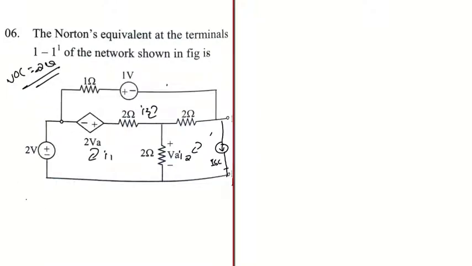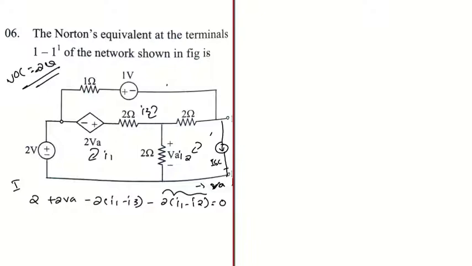Writing the first mesh equation, so it will be 2 plus 2 VA minus of 2 into I1 minus I3 minus of 2 into I1 minus I2 equal to 0. Here this 2 into I1 minus I2 is our VA.